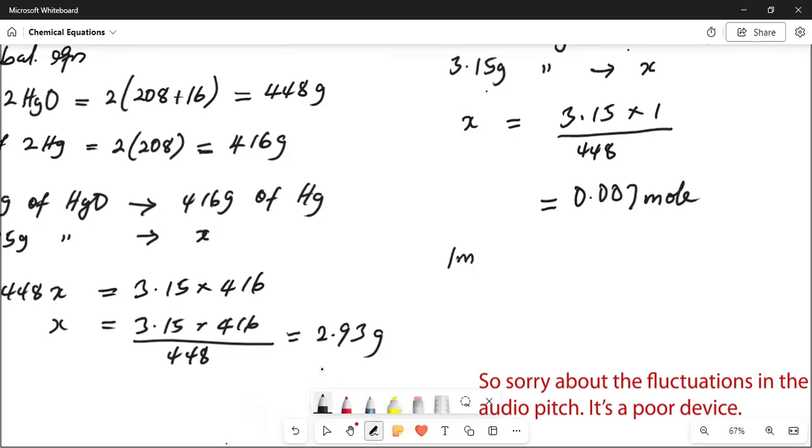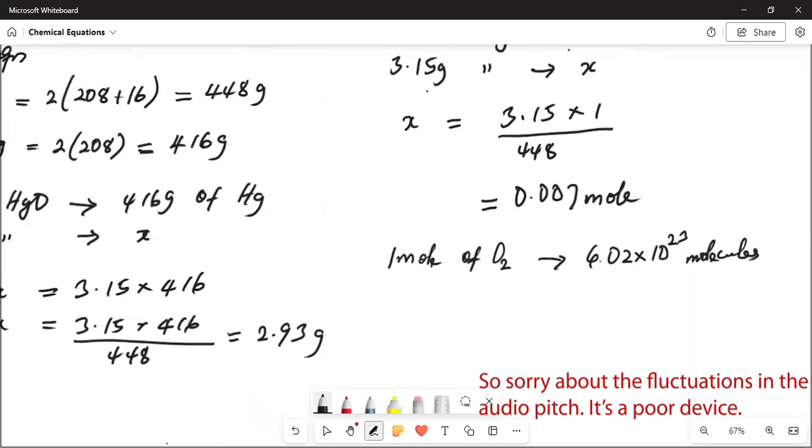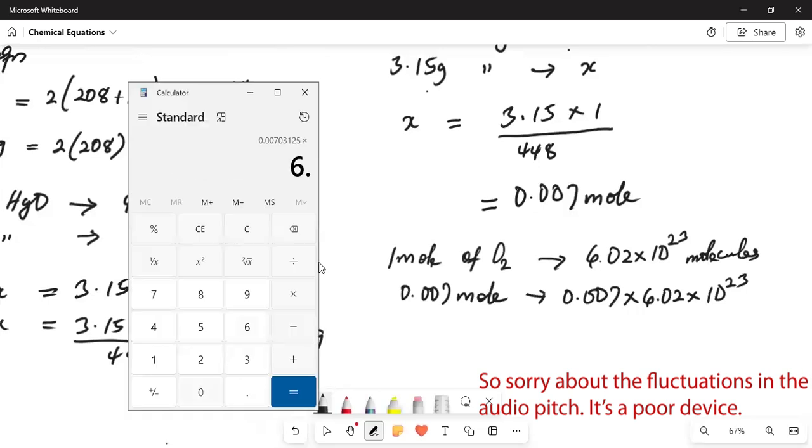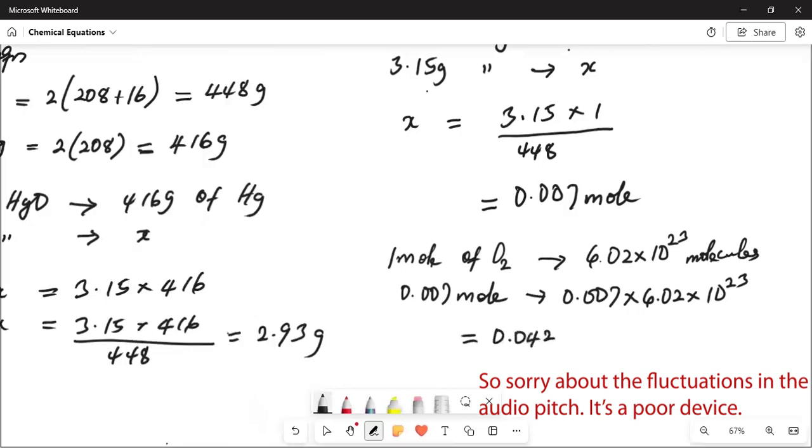So 1 mole of oxygen contains 6.02 times 10 to the power 23 molecules. Therefore, 0.007 mole will contain 0.007 times 6.02 times 10 to the power 23. 0.007 times 6.02 is 0.042. So 0.042 times 10 to the power 23.